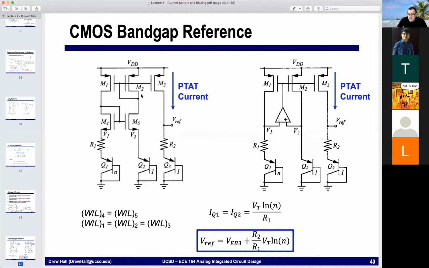The reason is very simple: if you're designing a large ASIC, i.e., Apple's new Bionic processor, it's a very big chip. You want good references. You're going to spend the additional design effort, power, and area to get high performance out of the circuit. Some of the best performance you get is when you relate this to something more fundamental than just a VT or an R. You'll do something like a band gap, where it's related to a material property, i.e. the band gap of silicon in this case. And that's why these end up being 1.24 volts.